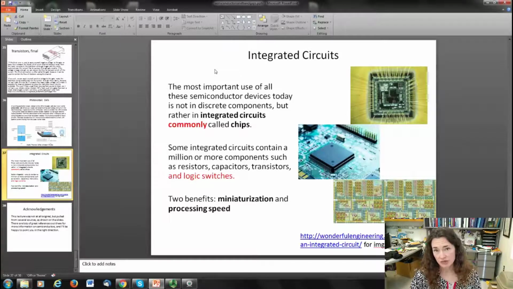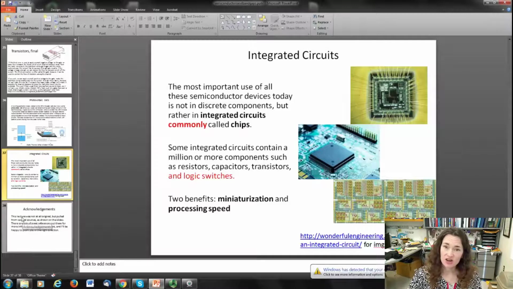And of course, the benefit of miniaturization is that if you put things smaller and closer together, current flows from one device to another much more rapidly, enabling them to move more rapidly, so their processing speed goes way up.